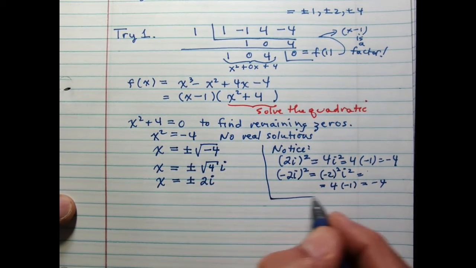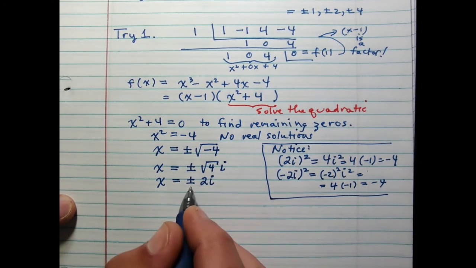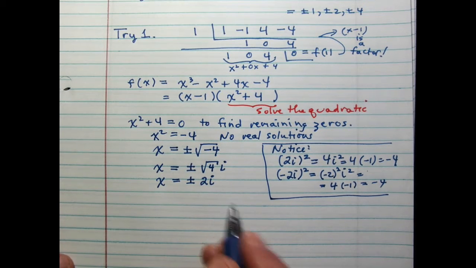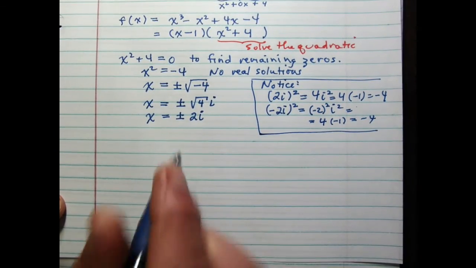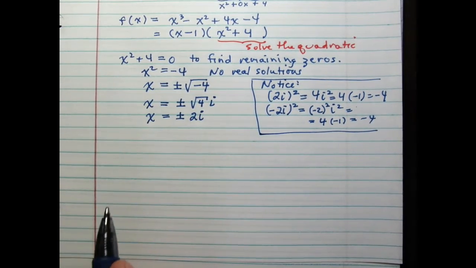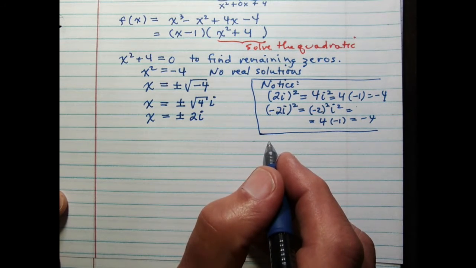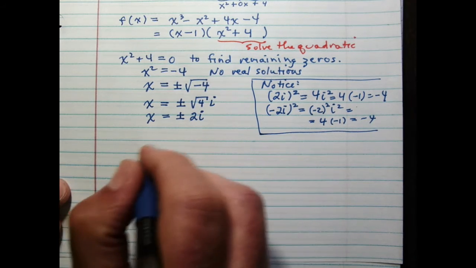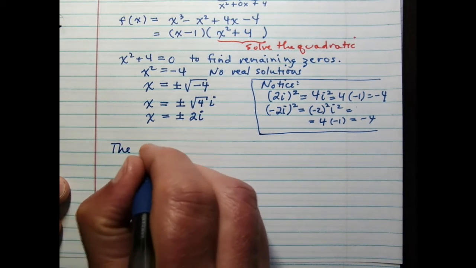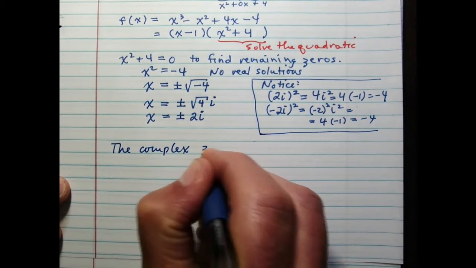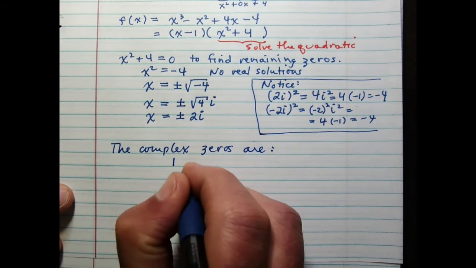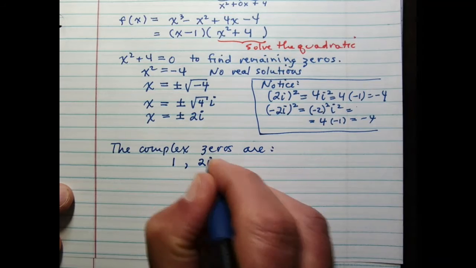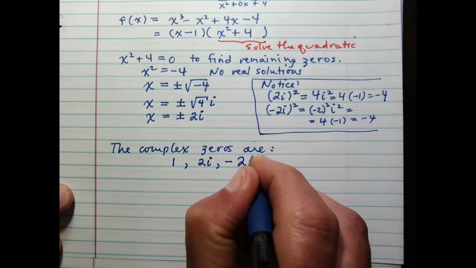So this is just meant to convince us that, sure enough, 2i and negative 2i are solutions to that equation, x squared equals negative 4. And now, we wanted to find all complex zeros. So the complex zeros are, well, we found the number 1, we got 2i, and we got negative 2i.